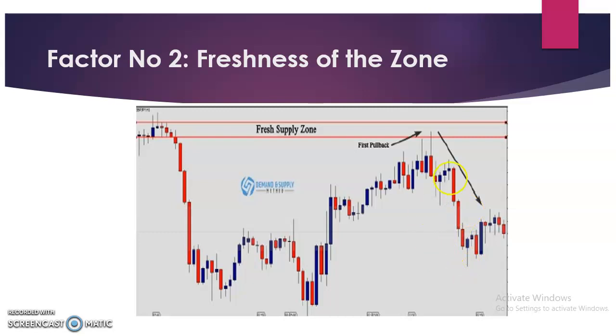All right. So now look at this particular nice move, that represents our supply zone. Look at what happened just before that. You can see a number of doji, small bodied candles before the big move actually started.